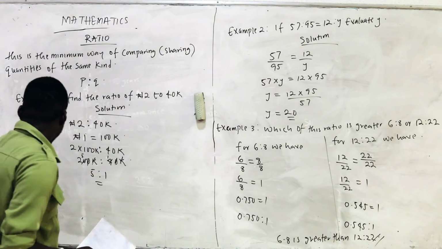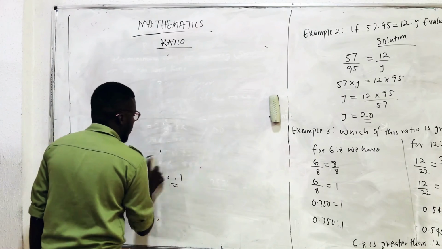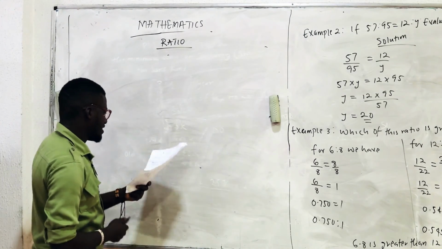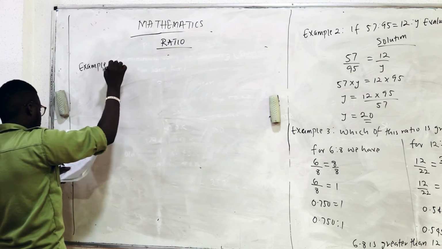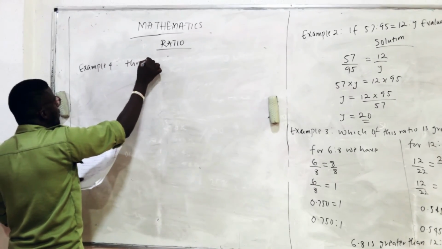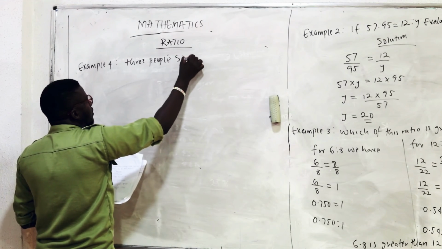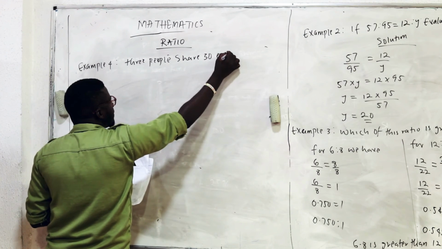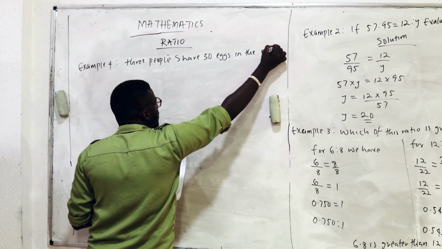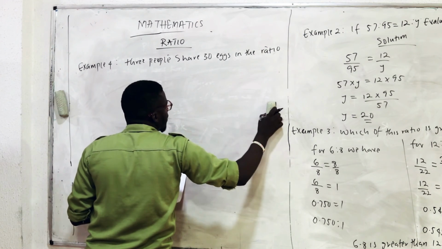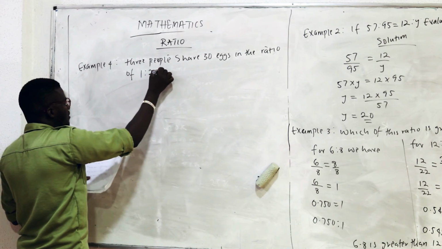So my final example. So my last example now, I have example 4, which says 3 people share 30 eggs in the ratio of 1:2:3.